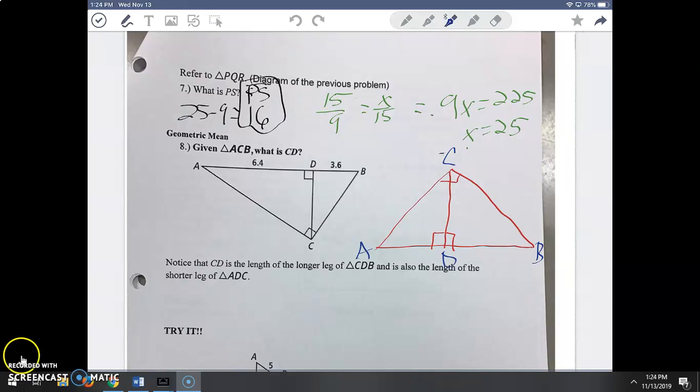So when you are trying to find the geometric mean of things, remember I talked about this is not very easy. Basically what you're trying to figure out is the lengths of some of these sides of these triangles. Okay, so to find the geometric mean, I basically flipped this triangle, and your geometric means are basically this side and this side.